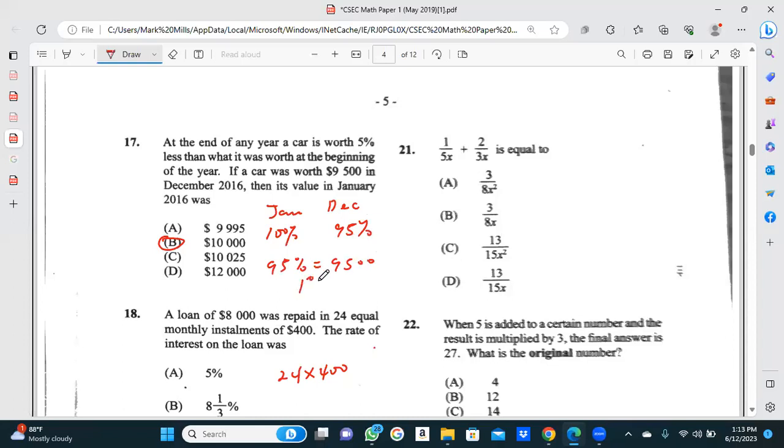So 1% will be 9,500 divided by 95, which gives me 100. Now you want to find the original amount for January, so January will be 100 times 100, which gives you 10,000. So in January it actually cost $10,000, and in December it is reduced by 5%, which is 9,500. Yes, sir. Sure.